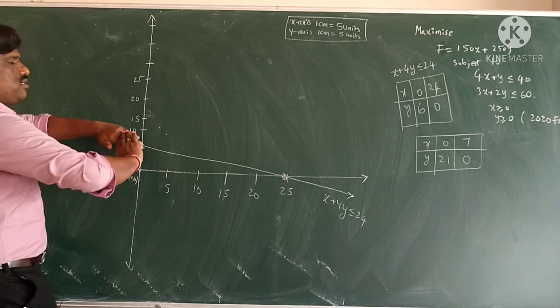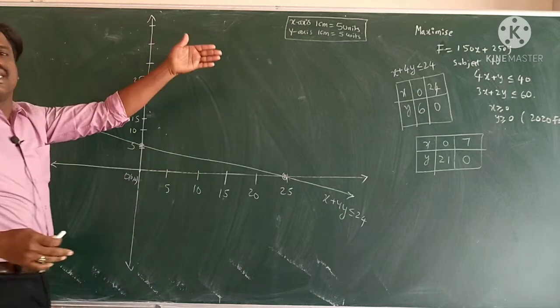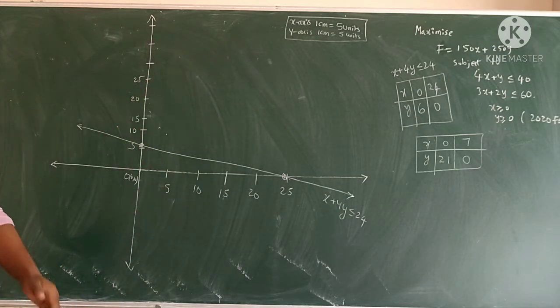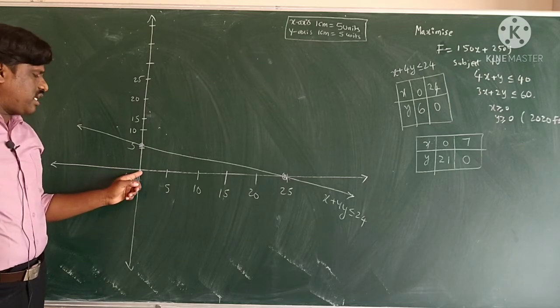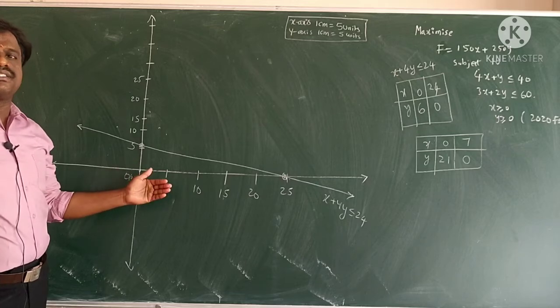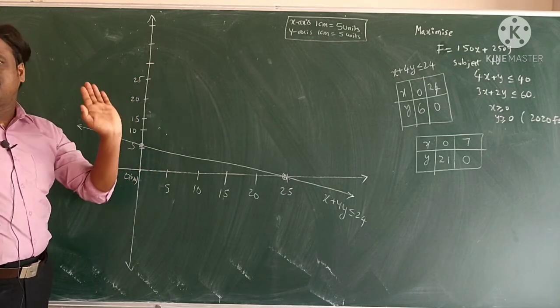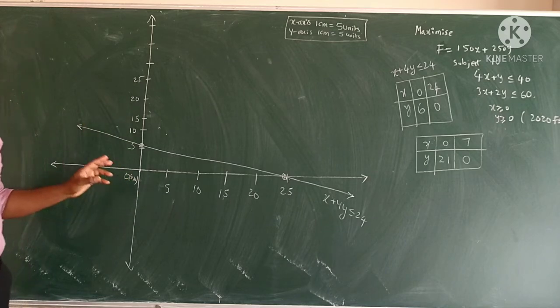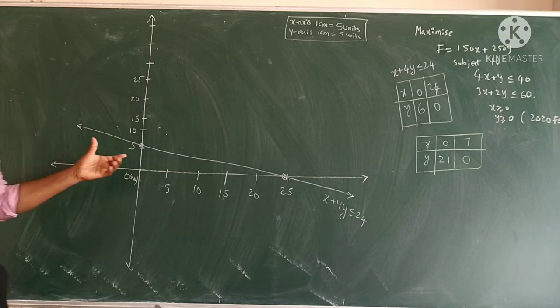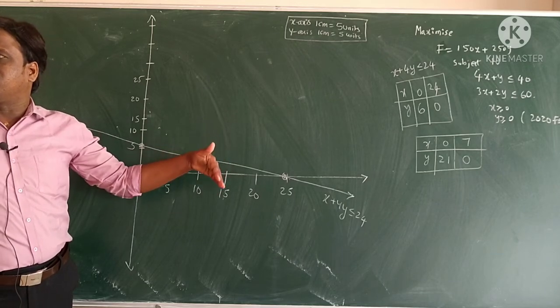If you get false, you have to shade the side not containing the origin. It's not only the origin, you can take any point. If it satisfies, it means this side, if it does not satisfy, that side. So in this picture we got the origin side as the solution.